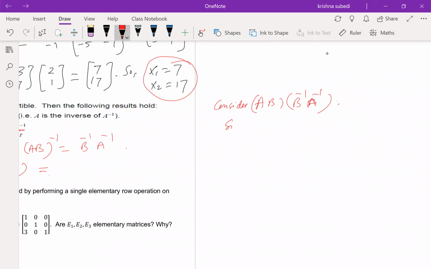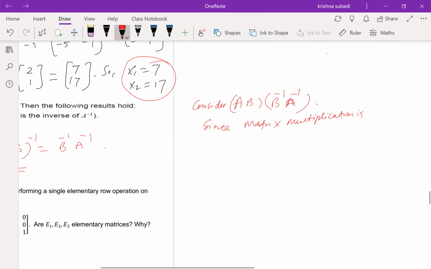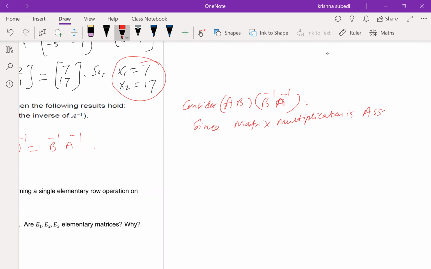Since matrix multiplication is associative, which means we can put them in a different grouping, I can write A, B B inverse, and A inverse.